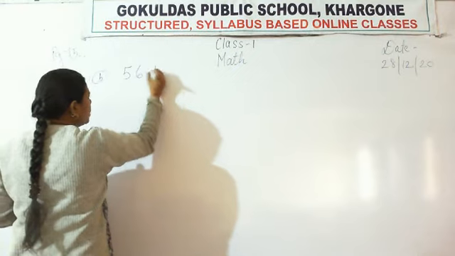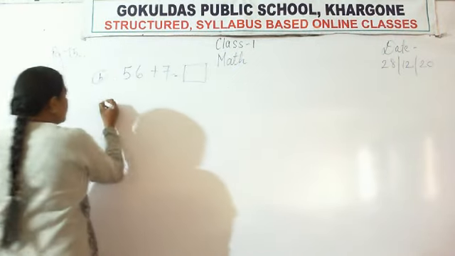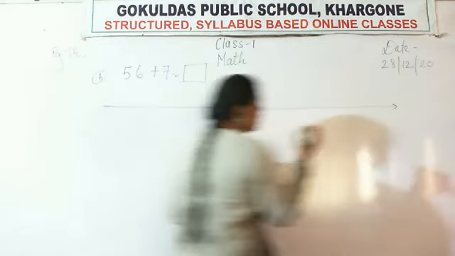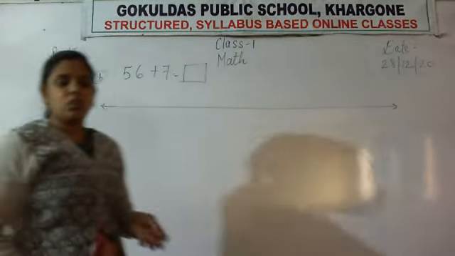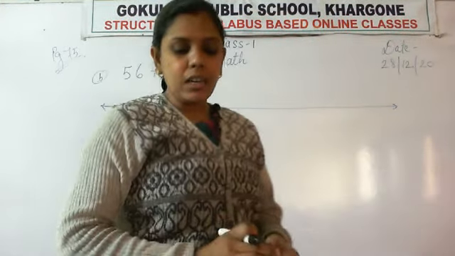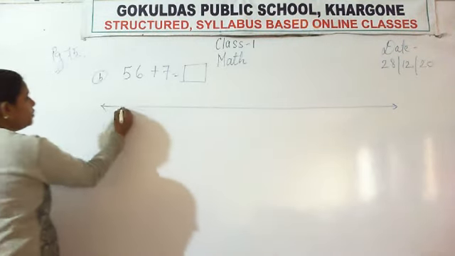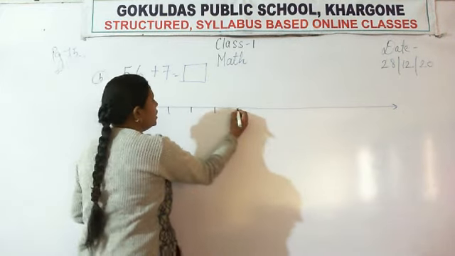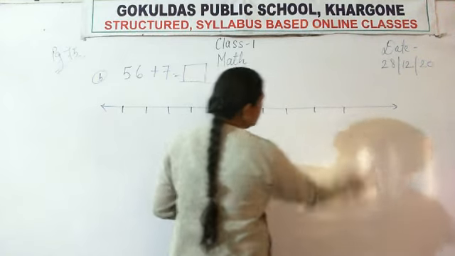56 plus 7. So draw a number line and write numbers from 55. Okay? Draw a number line and write numbers from 55: 55, 56, 57, 58, 59, 60, 61, 62, 63 and 64.